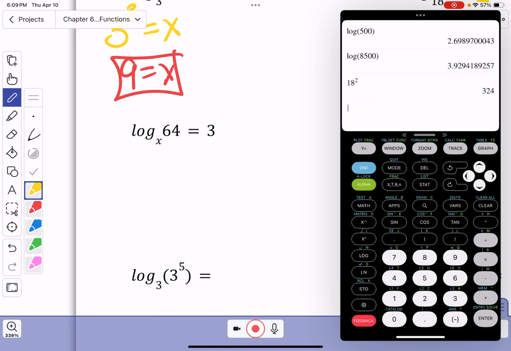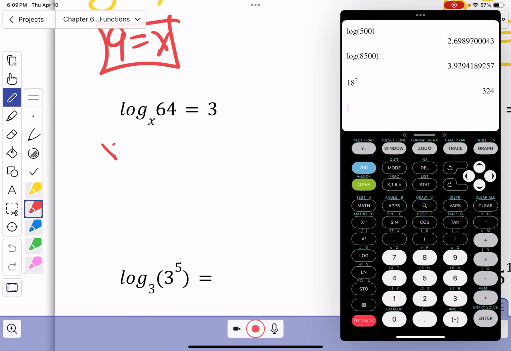All right, let's look at another one. This one, our base is x. Our exponent is 3, and it's going to equal 64. So you may know 4 to the third is 64, so x is 4. You might be able to just do that.